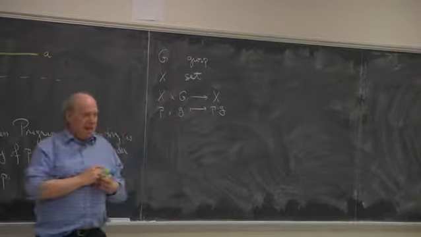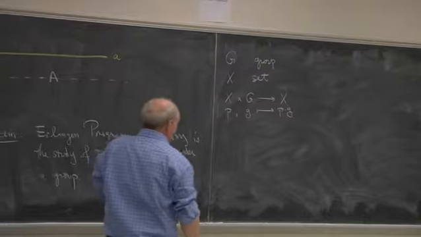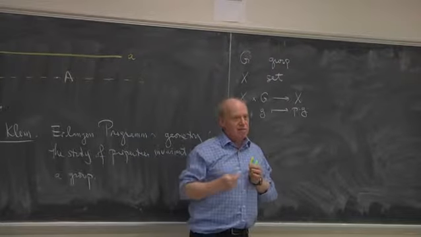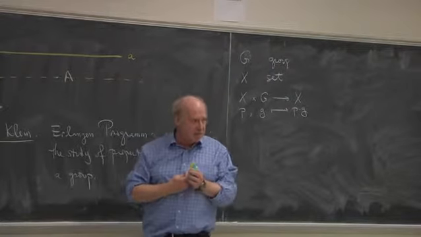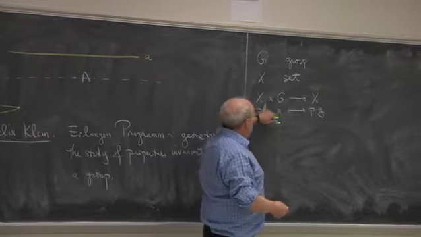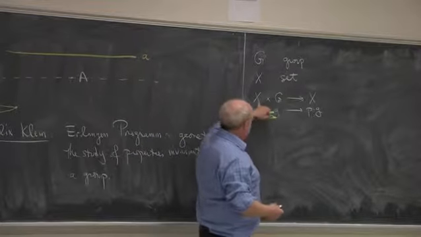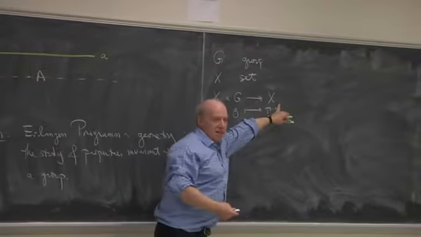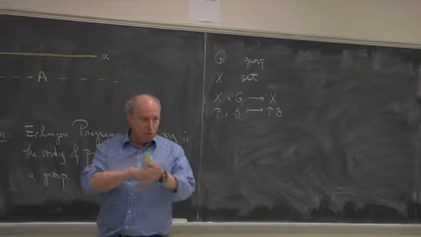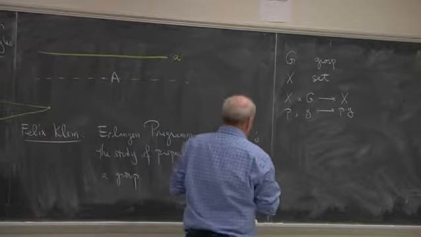There's some map like that, and it has to satisfy the property that if I act consecutively by two group elements, that's the same as acting by the product of those group elements. That's what we mean by realizing an abstract group G as symmetries of X. That's a map from G into symmetries, maps from X to X, which are necessarily invertible, bijective. So that's how we realize a group of symmetries.